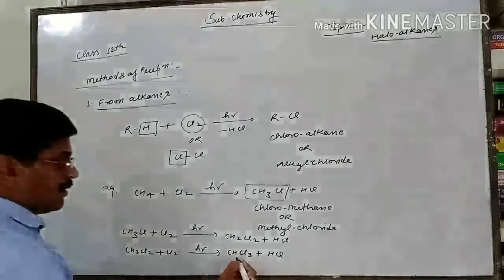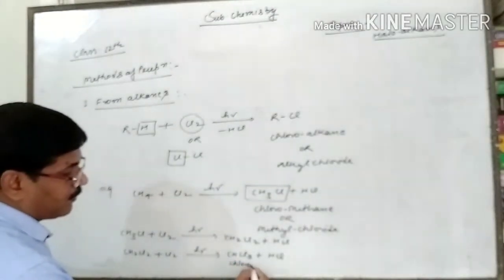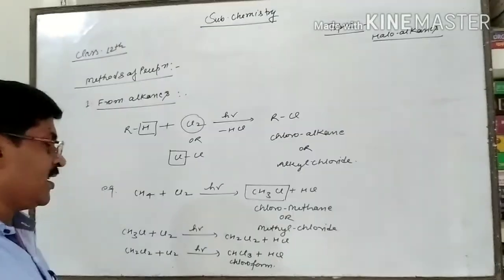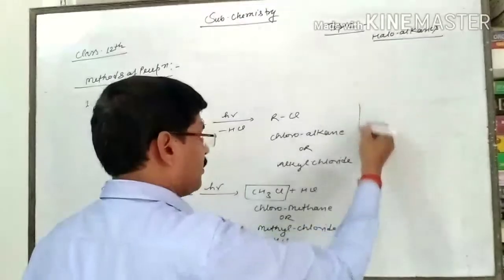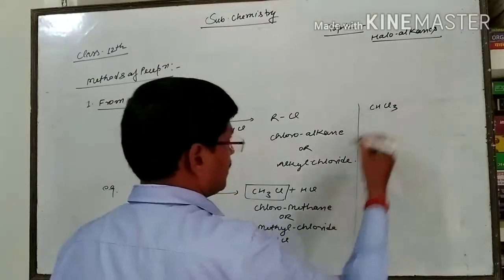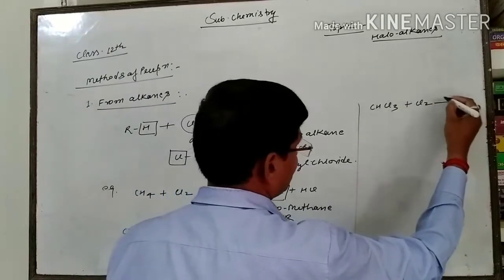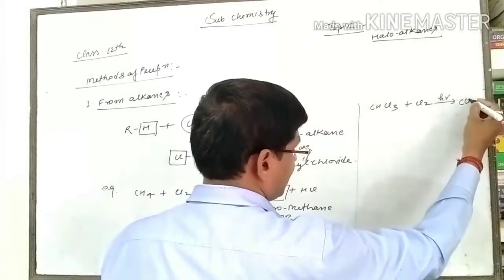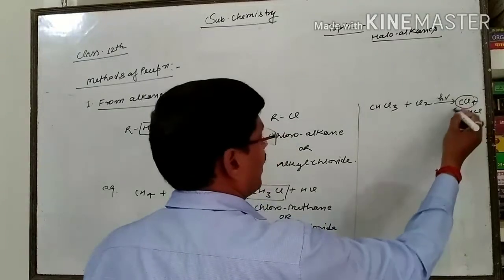This CHCl3 is chloroform, or in our case you can say trichloromethane. After that, in the fourth step, CHCl3, again I am passing Cl2 in presence of the same condition, sunlight. It will give CCl4 with formation of HCl. It means carbon tetrachloride is formed.